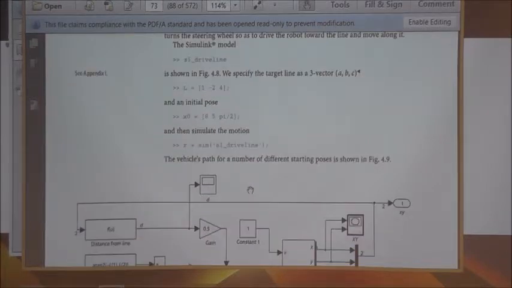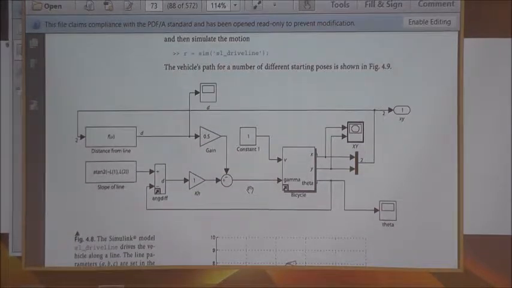So this is the Simulink model for that. The equation from equation I.1 is represented in this block.